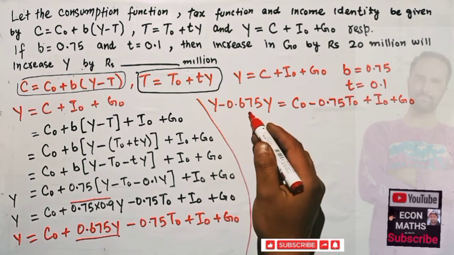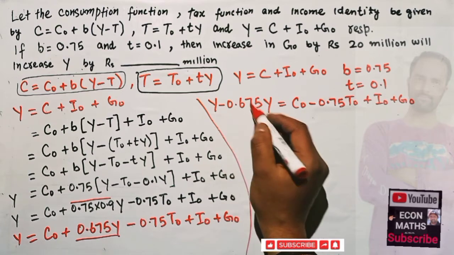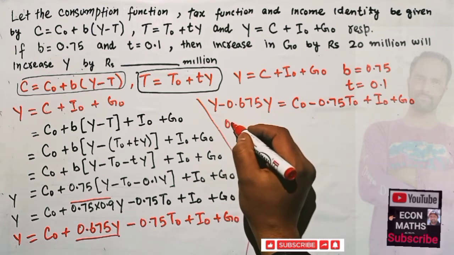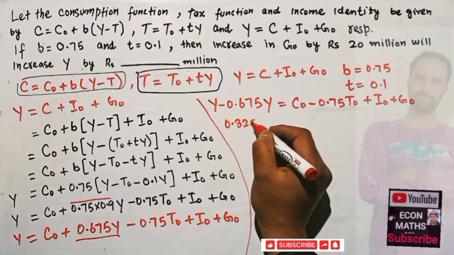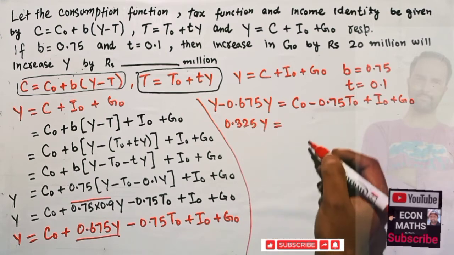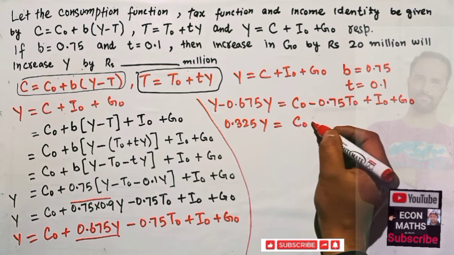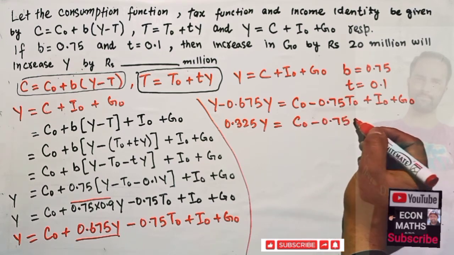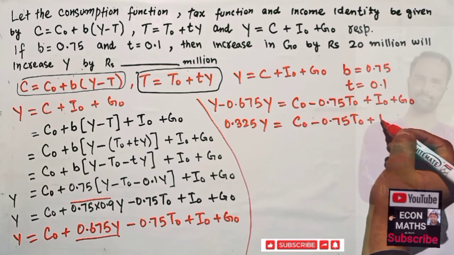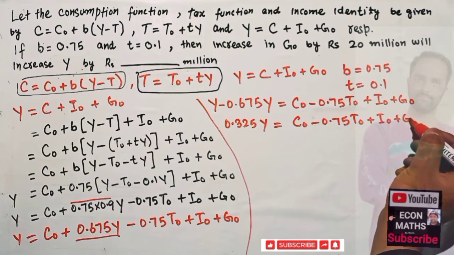When we subtract, Y minus 0.675 Y comes out to be 0.325 Y, which should be equal to C naught minus 0.75 T naught plus I naught plus G naught.